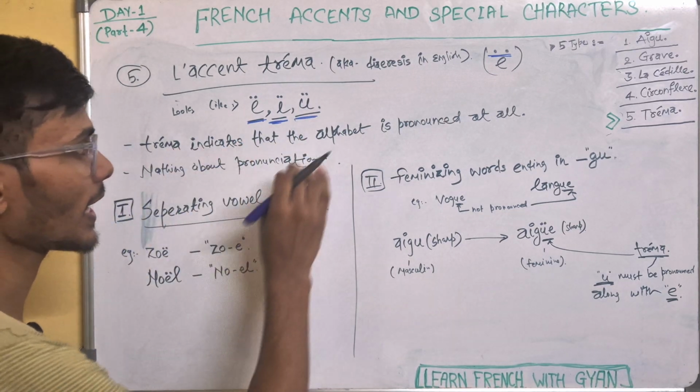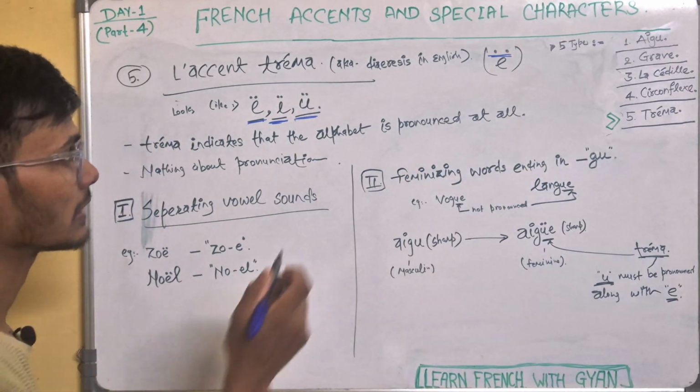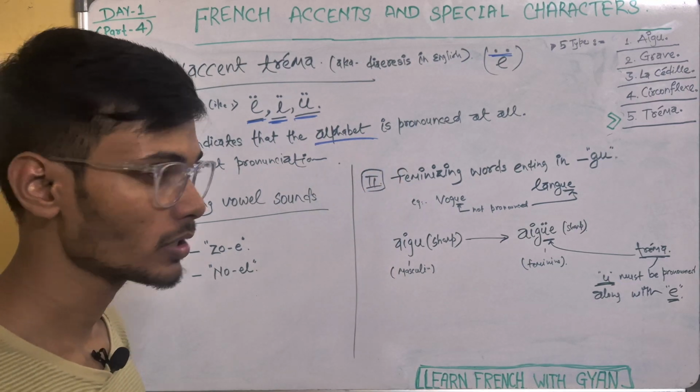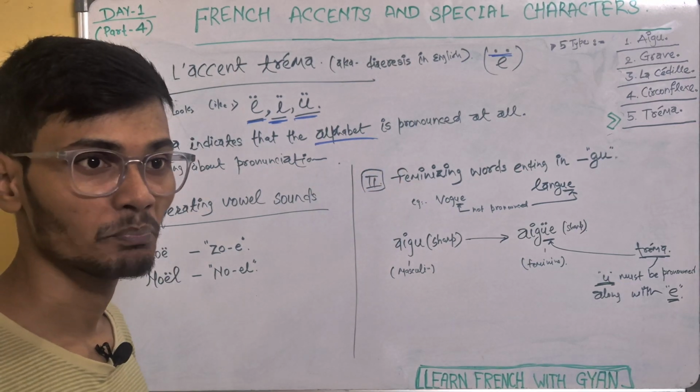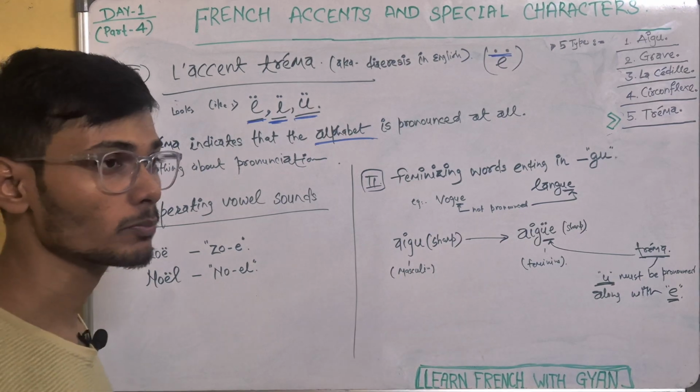The trema indicates that the letter must be pronounced at all. It is a sign to highlight that the letter it is put on should be pronounced, and the vowels after it should also be pronounced.